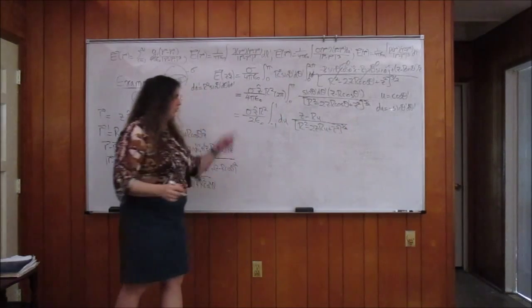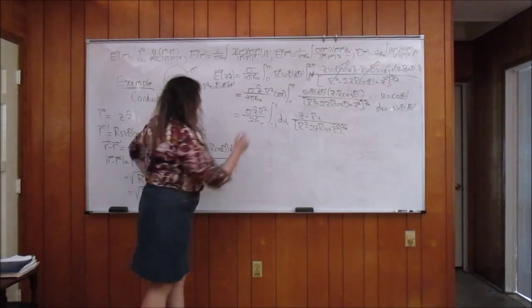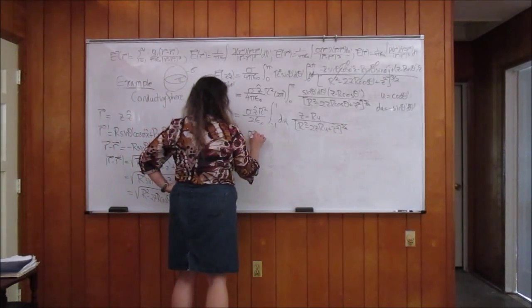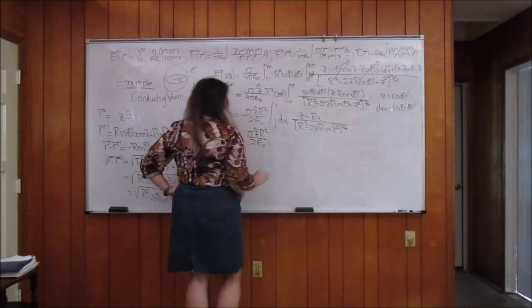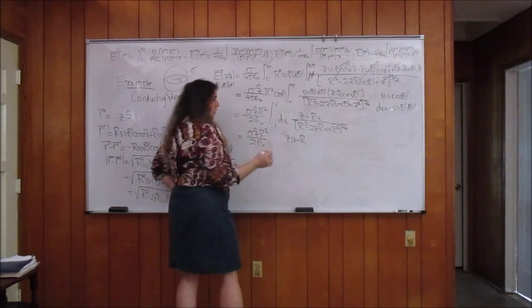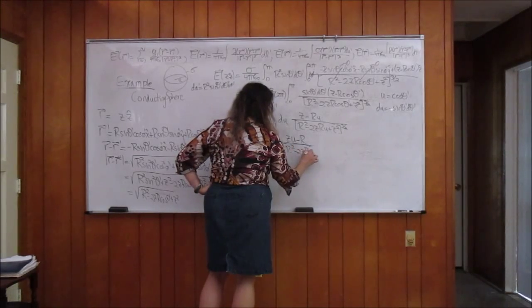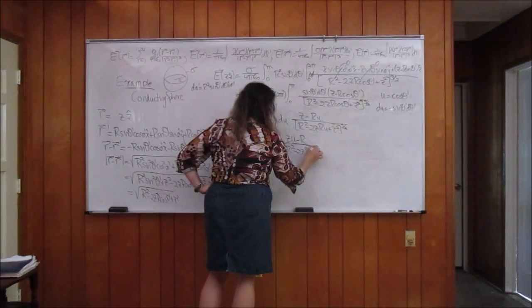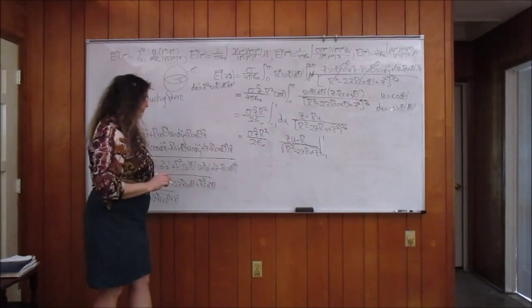You can just do the math here and work out the integral yourself, or what I prefer to do is just look it up in a table. And when you do that, you'll see that this is equal to zu minus r all over the square root of r squared minus 2zru plus z squared, evaluated from -1 to 1.